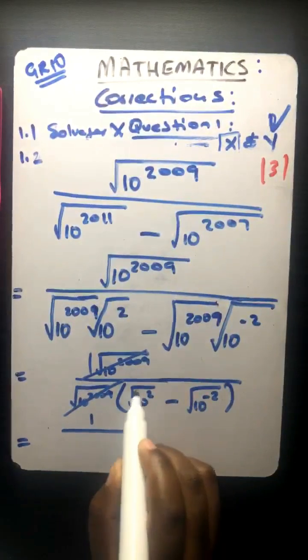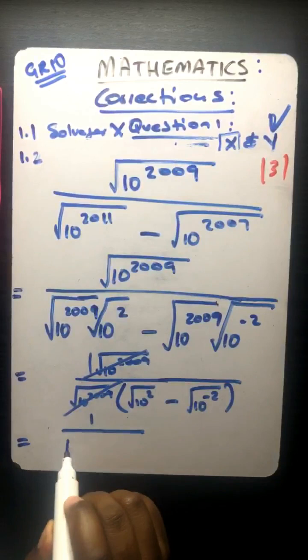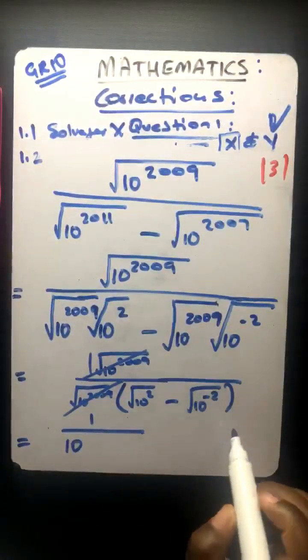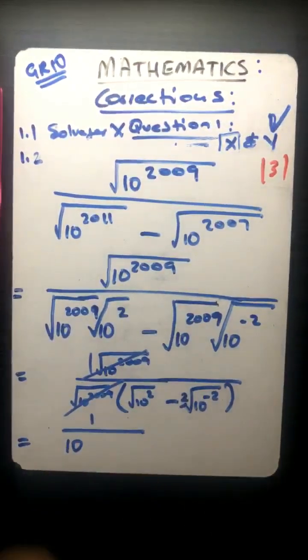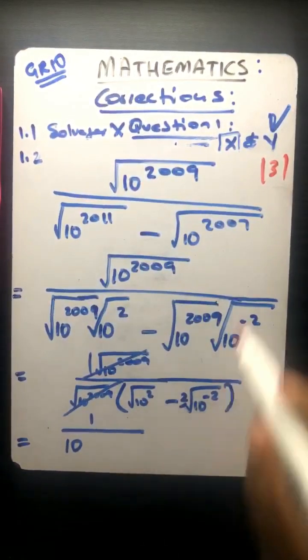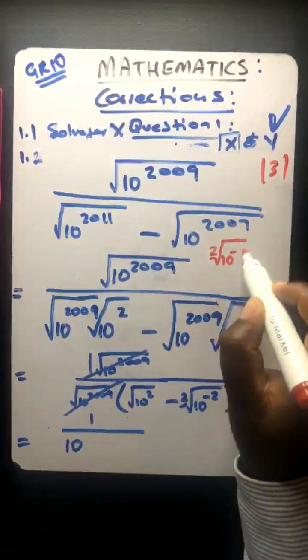So that the square root has been removed already. So that means you are only having 10. Someone might not understand when I say there is an invisible 2 there. When you have a square root, just know you have that invisible 2. So it's more like you have an invisible 2, square root of 10 to the exponent negative 2.